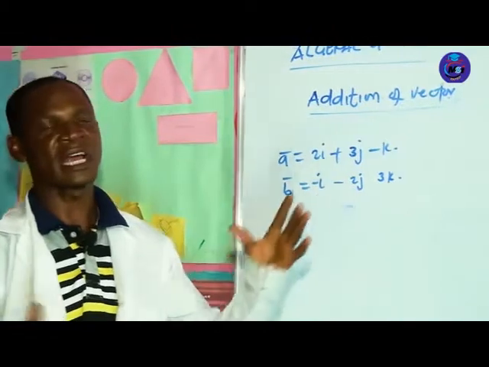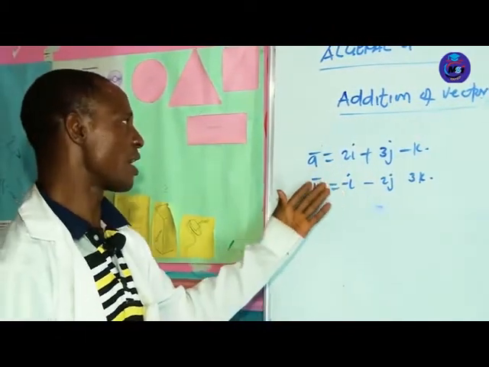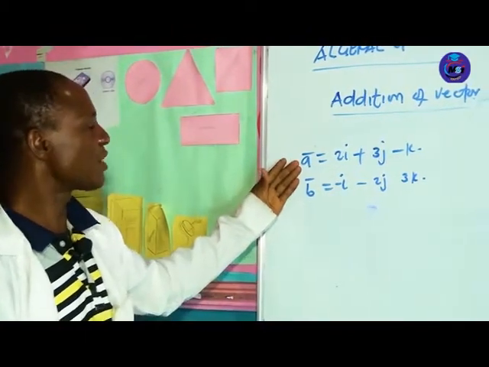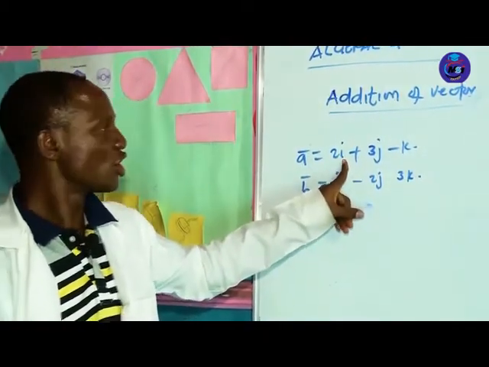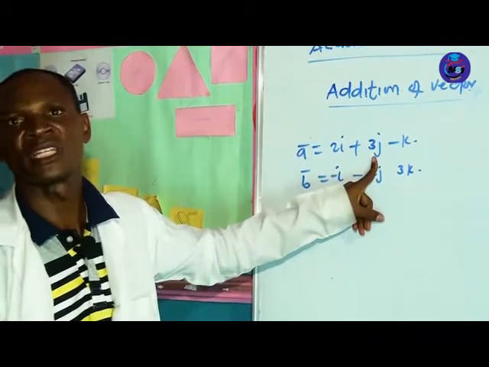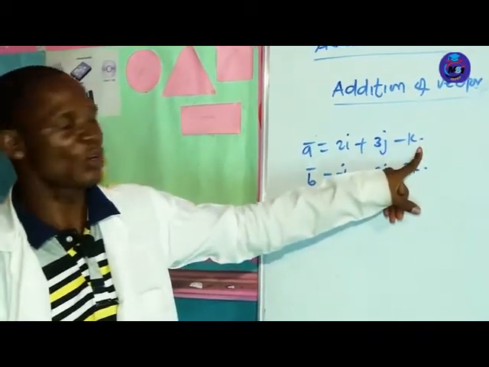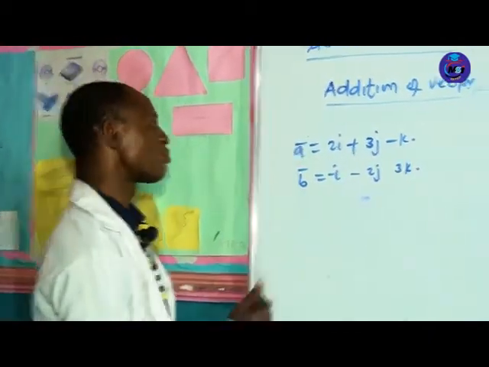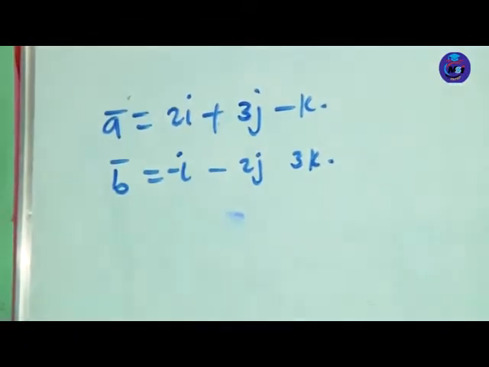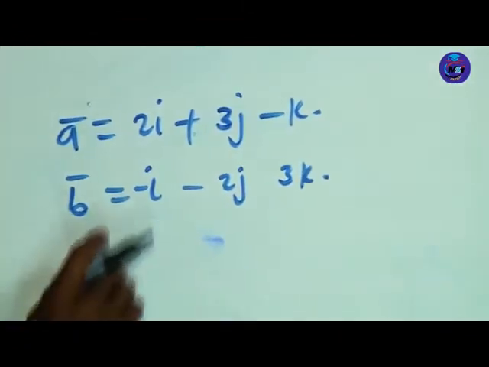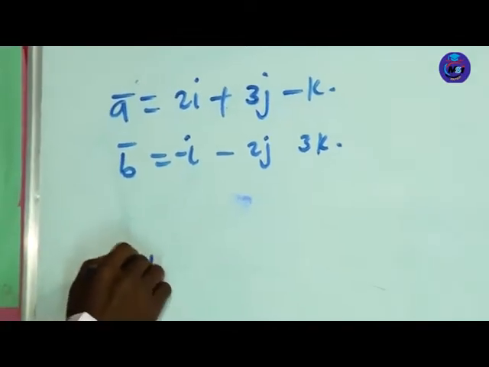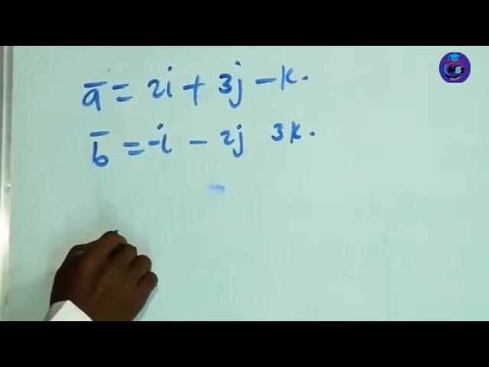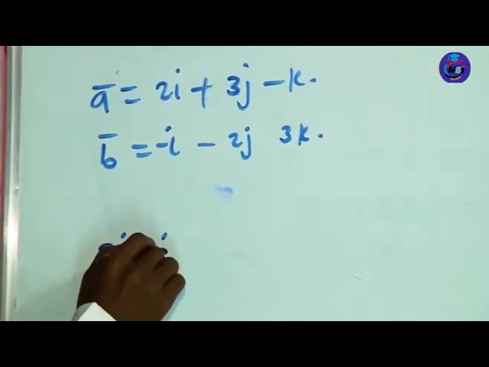In performing this addition of these two vectors together, vector A is given as 2i, meaning that i is on the x component, j is on the y component, k is on the z component. So to perform the addition of the two of them together, you add this plus this, so that is 2 plus 2i plus minus i.